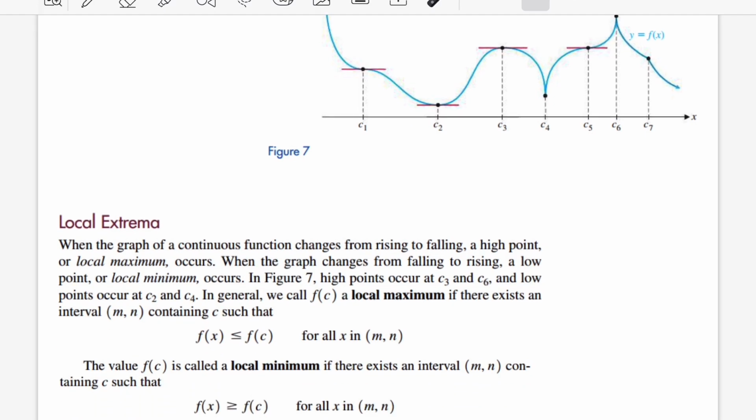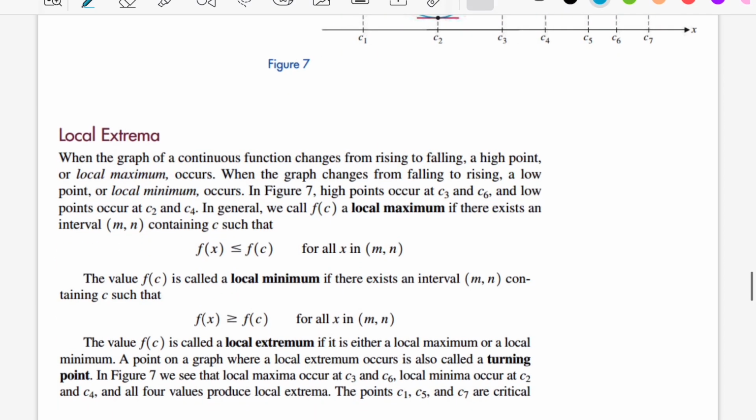So in general, we'll call f of c a local maximum if there exists an interval m to n containing that number c such that f of x is less than or equal to f of c. Okay, so essentially what this means is a local maximum occurs when we go from increasing to decreasing.